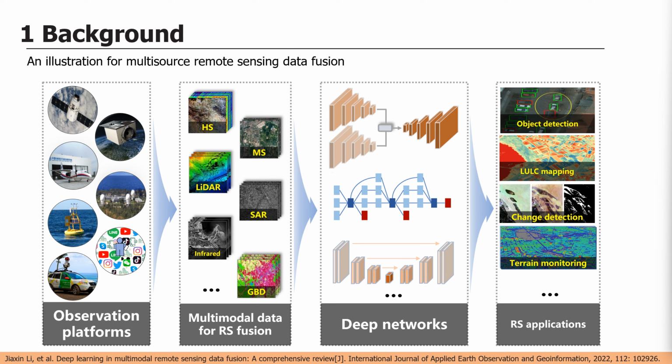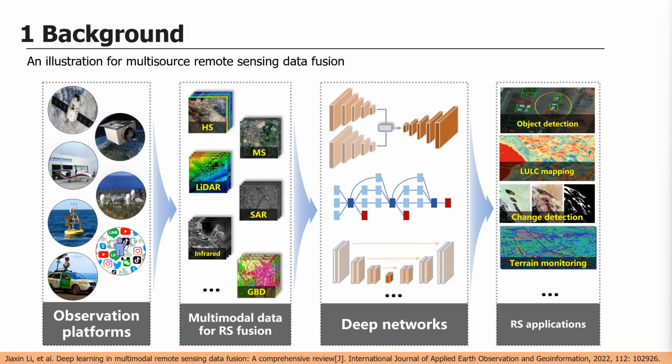An illustration for multi-source remote sensing data fusion is provided here. First, multi-source remote sensing data is captured from different platforms, such as satellite, airplane, and ground station. Typical multi-source remote sensing data includes hyperspectral, multispectral, LiDAR, SAR and infrared.